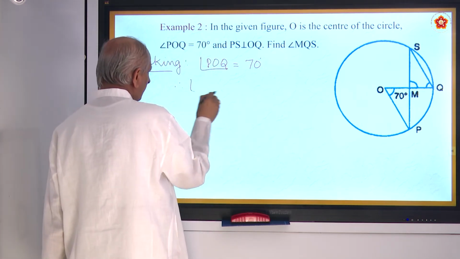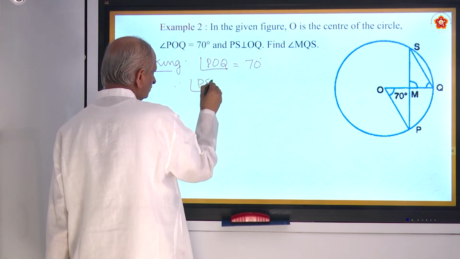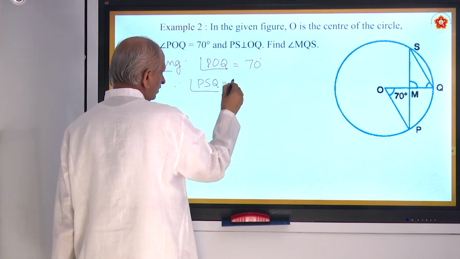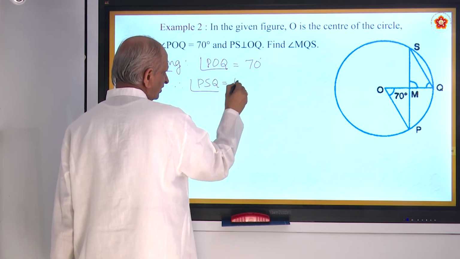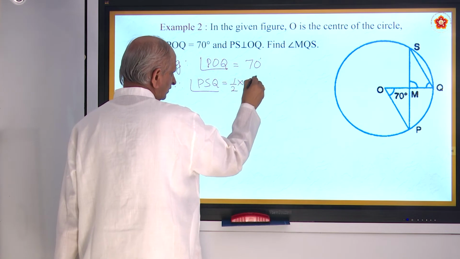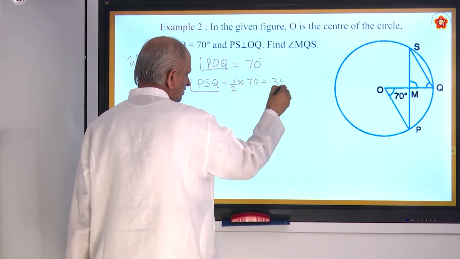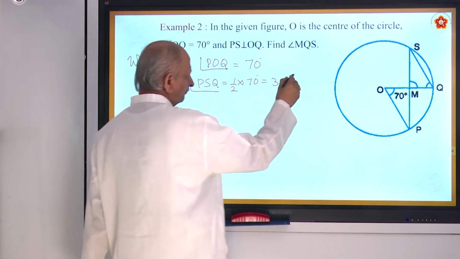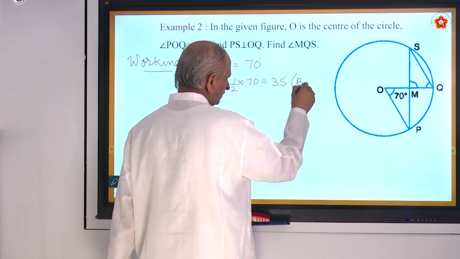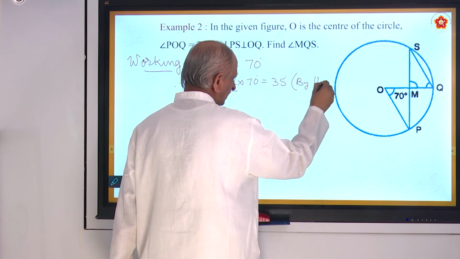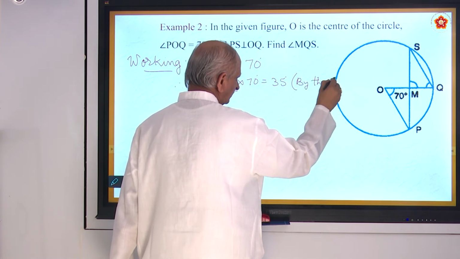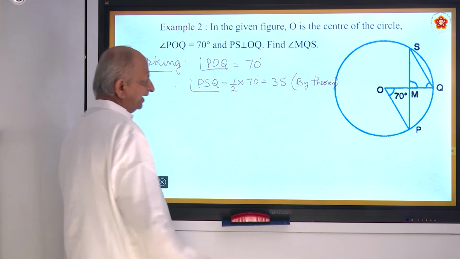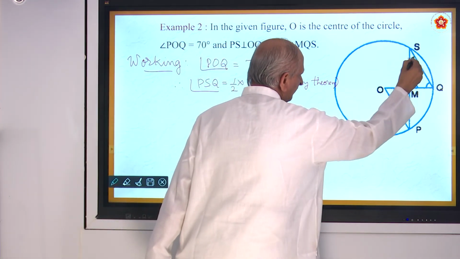Therefore, angle PSQ is equal to half of 70. That is 35. That is by theorem. What does the theorem say? The angle at the center is double the angle at the circumference. So this becomes 35.